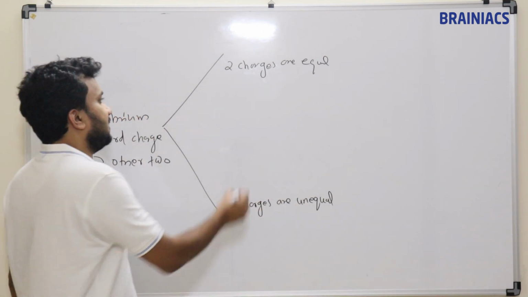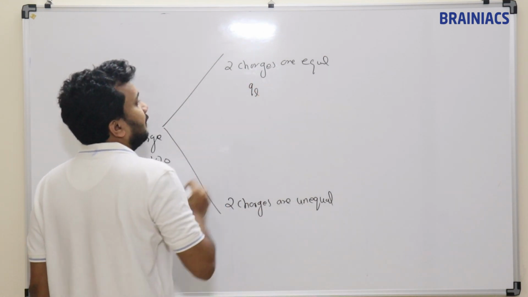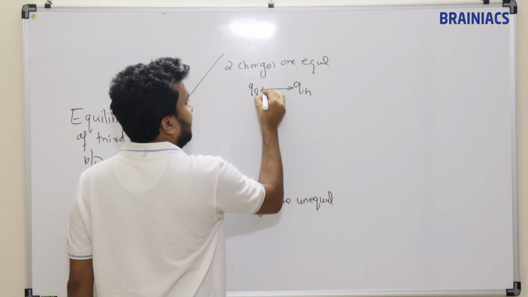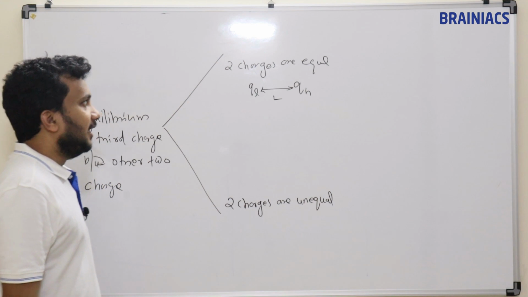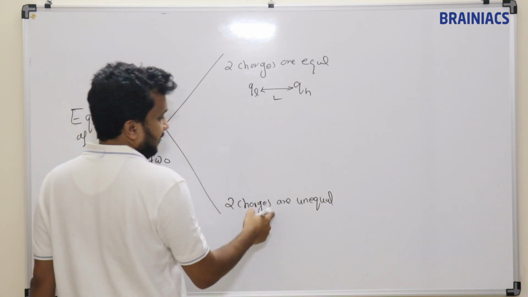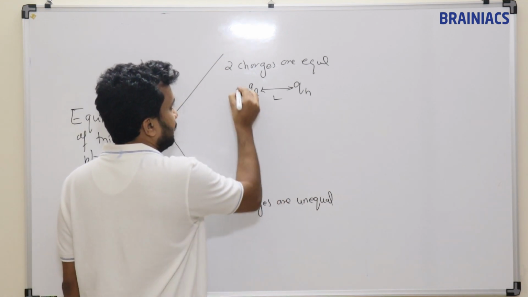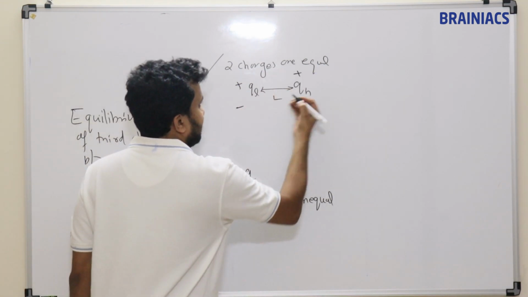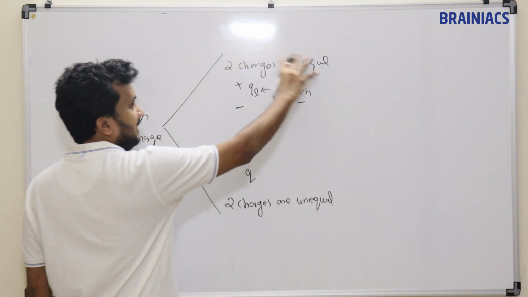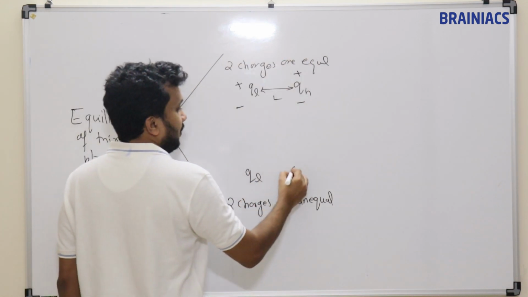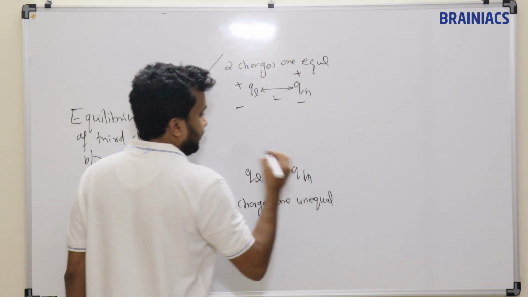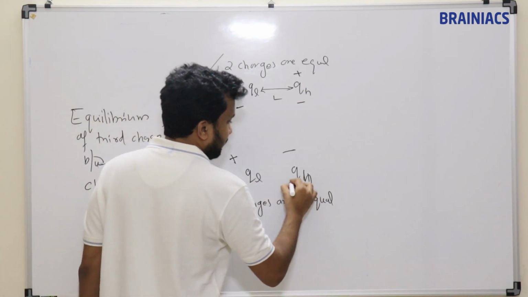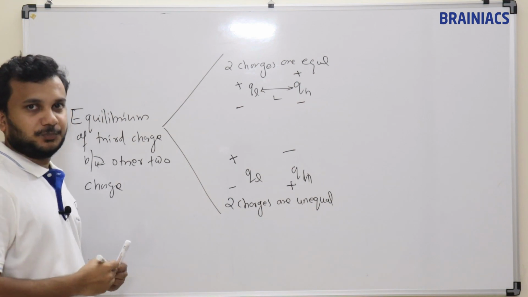For my easy understanding, I am placing QL and QH. The distance between them is L, and there is the third charge. For the unequal case, one charge is plus and the other is minus, this is for you to remember easily. So QL and QH here also, but this one is plus and this one is minus, or this one is minus and this one is plus, opposite signs.